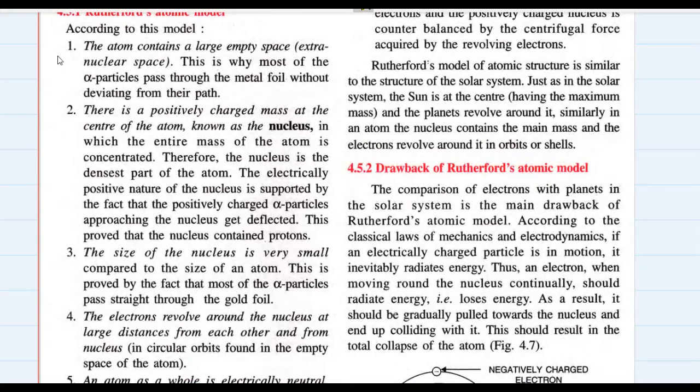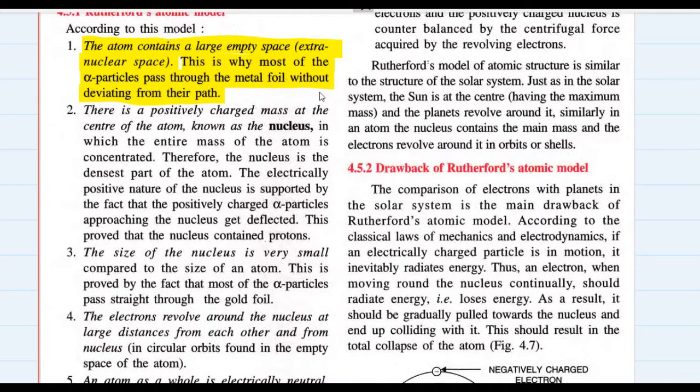So let's see what he suggested. According to Rutherford's model, the atom contains a large empty space which is known as extra nuclear space. This is why most of the alpha particles pass through the metal foil without deviating from their path.